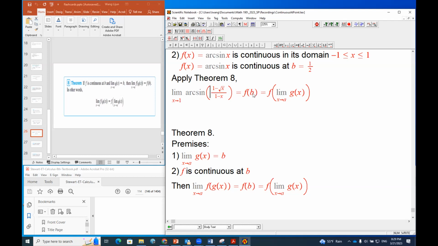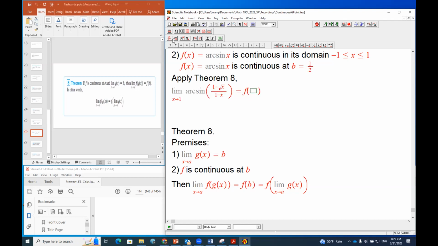It equals f of b. What is f of b? We found this limit is half. You see, just directly apply the theorem. And that's arcsine half. What is arcsine half? Arcsine half is pi over 6.